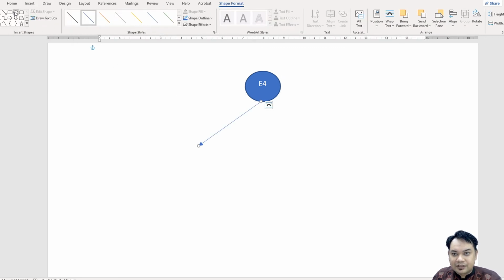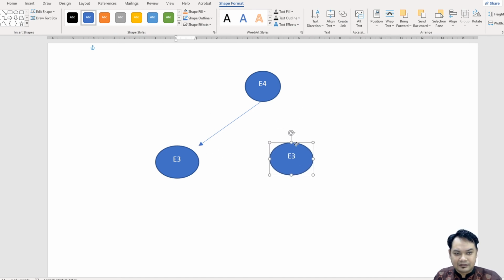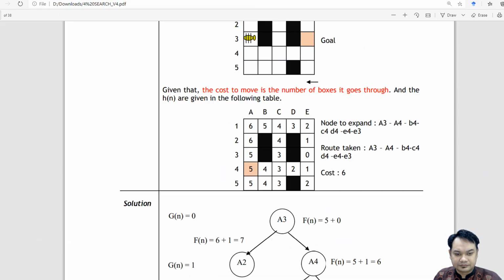So this is the choice you have when you are at E4. So you can either go to E3, right, or E5.